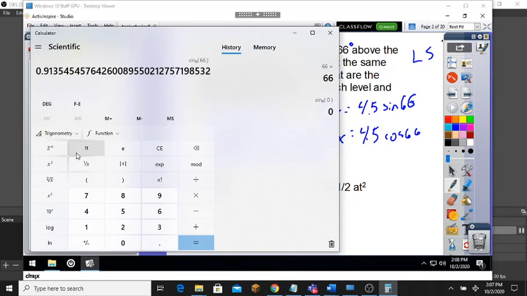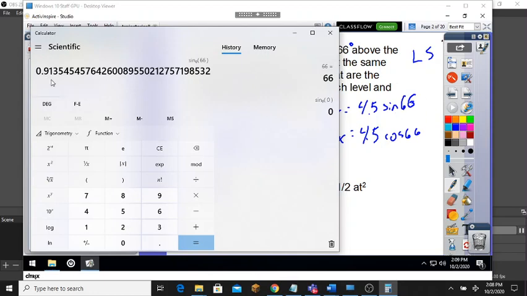sine. You're going to get this number, whatever number you got when you entered 66 sine. On some calculators, you might have to put the number first and then hit sine, or you might have to press sine and it puts little parentheses, telling you to enter the number, and then you close the parentheses. So try it out.